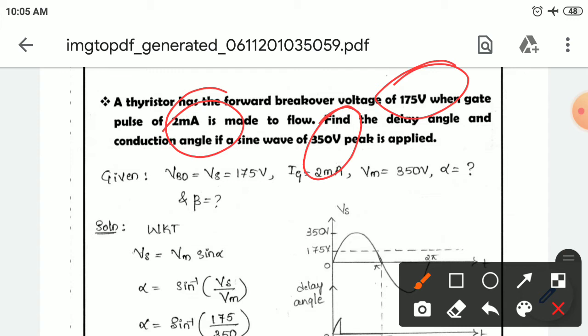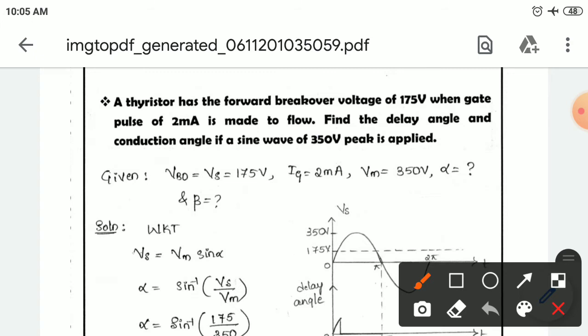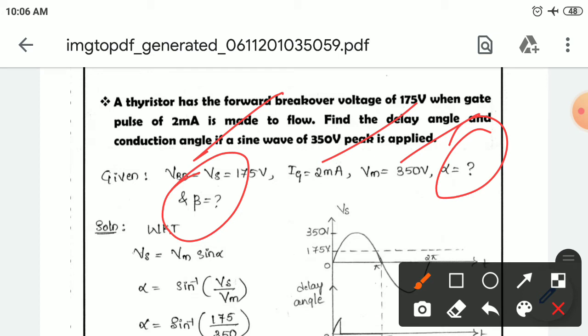That means Vm is 250 volts, they have given. VBO is equal to Vs, the breakover voltage or supply voltage, 175. So Ig is 2 milliamps, then Vm is 350. What is alpha and what is beta? The firing angle and the conduction angle you have to find out.